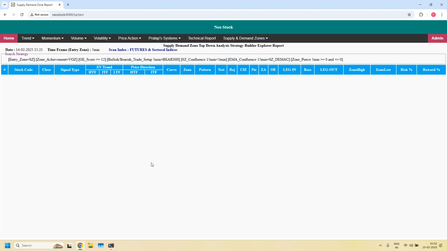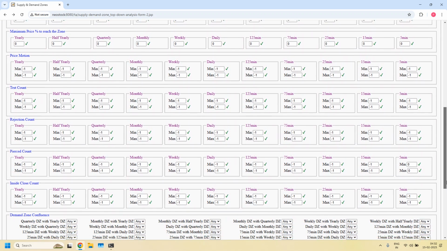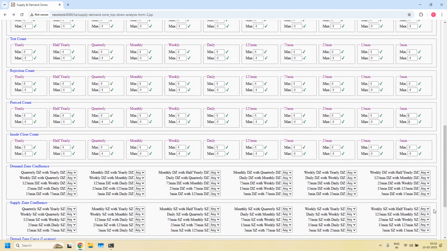Okay, now let us look for LTF, ITF, HTF supply zone confluence. Removing EMA filter. In the supply zone confluence, 3 filters we have to set. This is the first filter already enabled. Second filter 5 minutes with 75-minute confluence. Next 15-minute supply zone with 75-minute supply zone confluence.